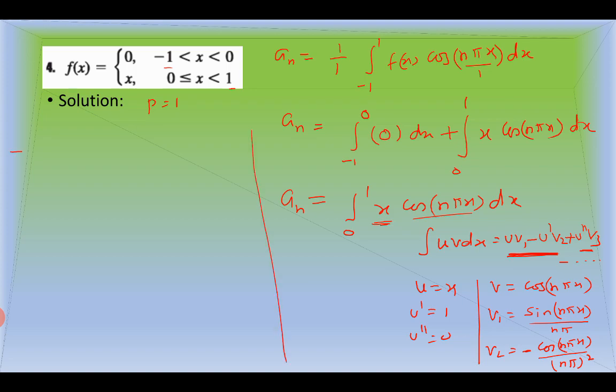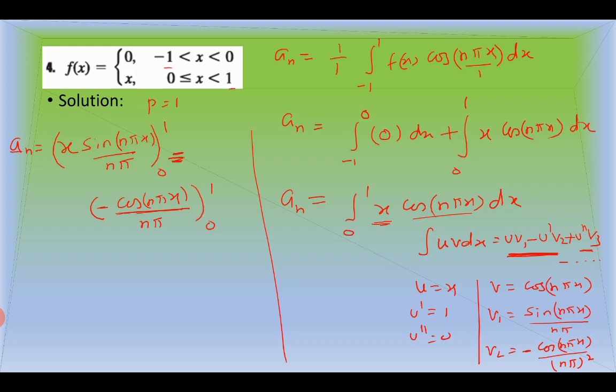So on the left side you will find an is equal to u v1, u is x, v1 is sine n pi x over n pi, and the limit is from 0 to 1, minus u prime v2. u prime is 1, v2 is negative cosine n pi x over n pi, this is a common divisor, 0 to 1.